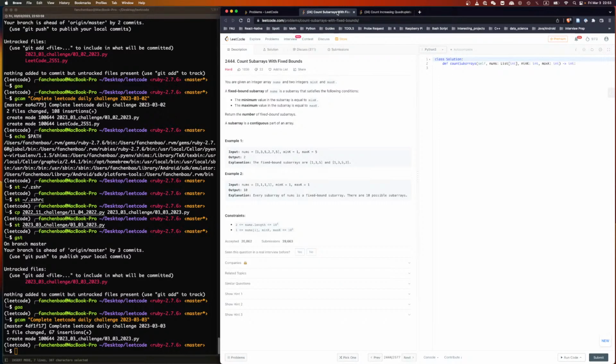That actually, it's not necessary, because we consider the starting point. So if we find the next max, that's fine. If we find the next min, oh, what if we find another min? If we find another min, that's also fine, but we have to consider the starting point.